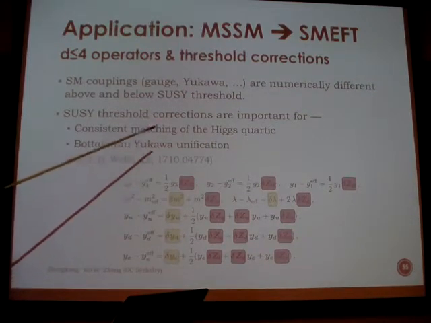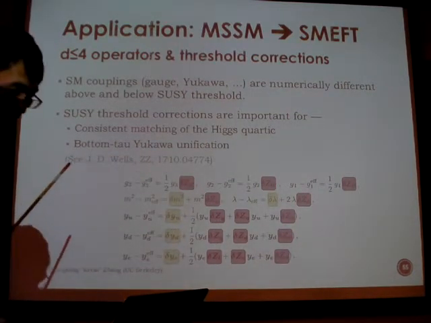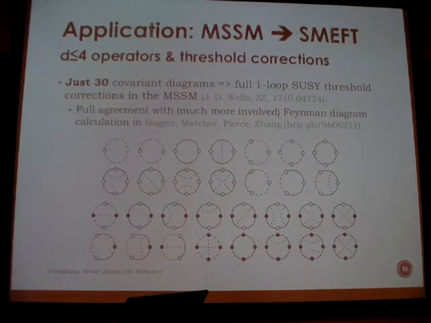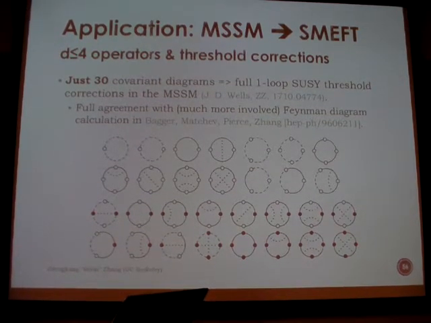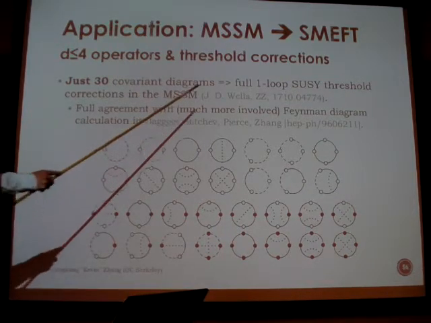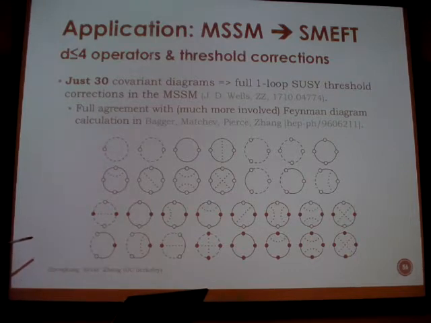So we have studied these questions in detail in our paper, but for the purpose of this talk, I would like to highlight the matching calculation part of the paper. So it turns out that to get the full one-loop Susy threshold corrections in the MSSM, we only need to compute these diagrams. There are 30 of them, and each of them is easily computable following the rules that I just showed you.